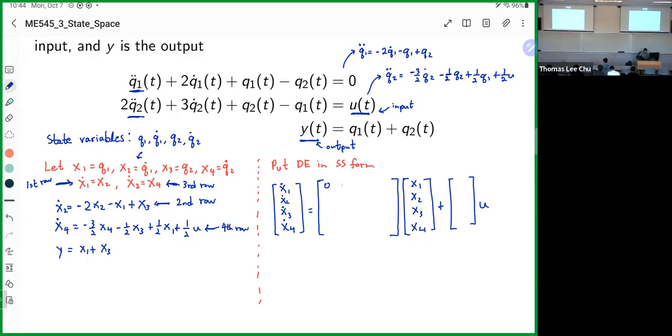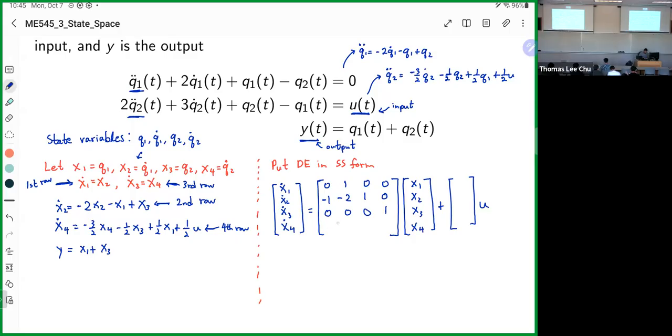So the first row is 0, 1, 0, 0. X2 dot is minus x1, so minus 1, minus 2 for x2, 1 for x3 and 0 for x4. X3 dot is 0, 0, 0, 1 because x3 dot is equal to x4.